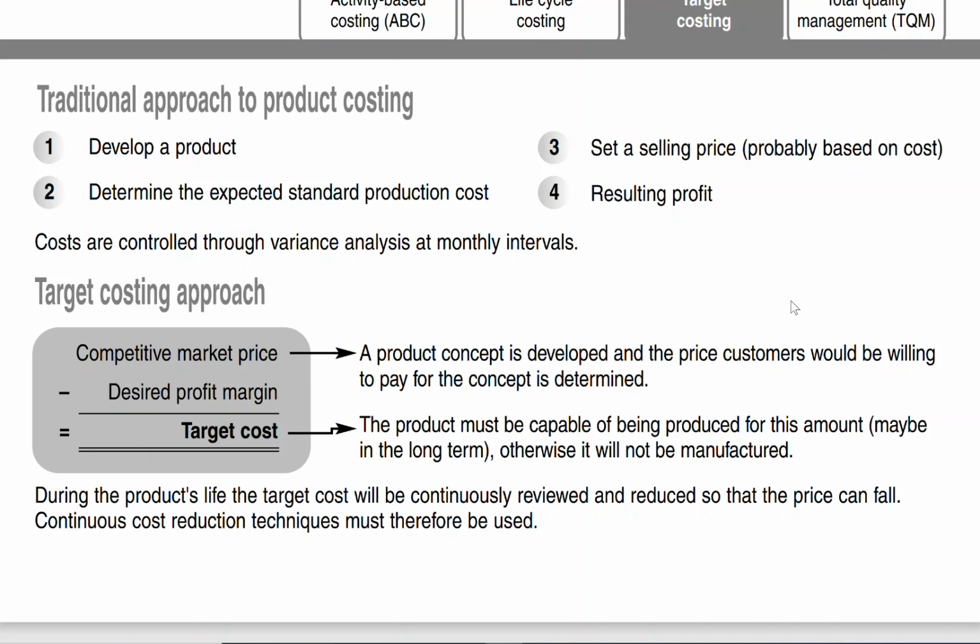If the estimated cost of the product is $100, we calculate something called the target cost gap, which is the difference between estimated cost and target cost: $100 minus $90 becomes $10. $10 is the target cost gap, which simply means that the product costs me $10 more than it should. So what we should do is try to reduce the gap, try to decrease this.